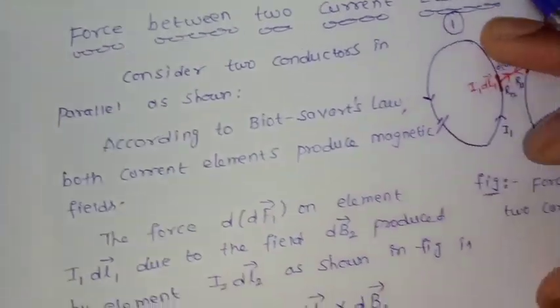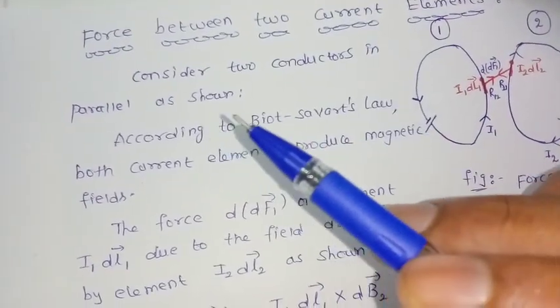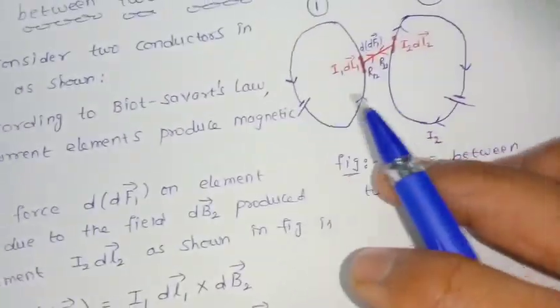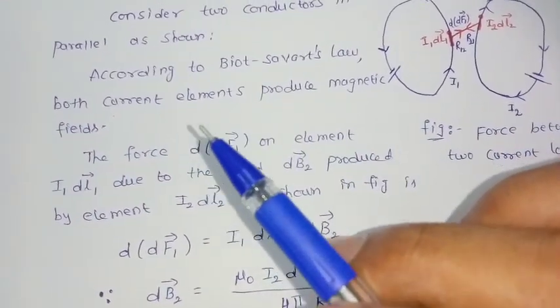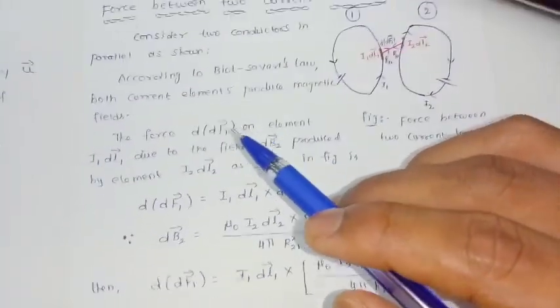Now observe here, consider the two conductors in parallel as shown. This is the figure. According to Biot-Savart's law, both current elements produce magnetic fields. Is it clear?